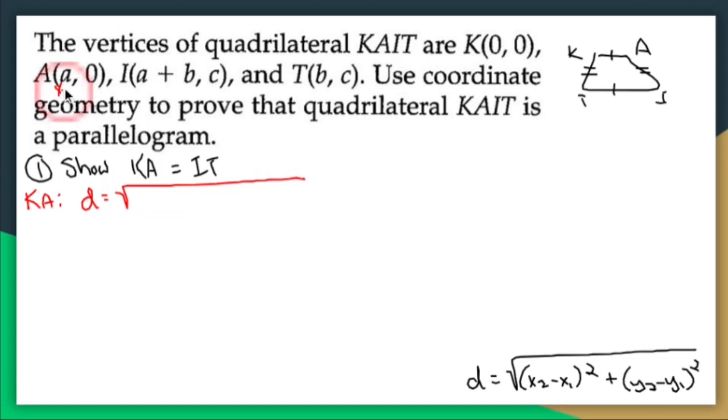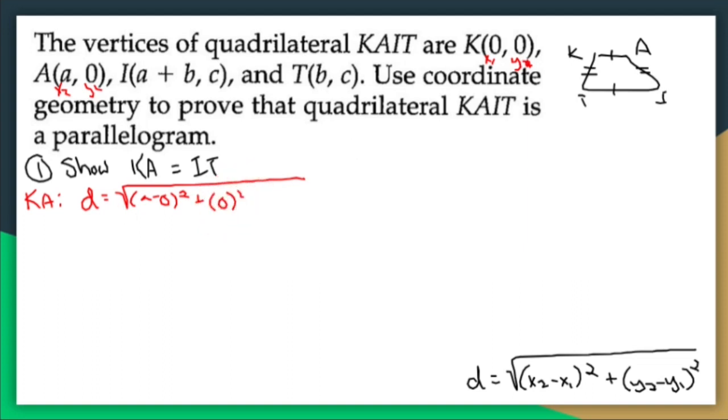I'll write that out just once, and then I probably won't write it out again because otherwise it'll get sloppy. X sub 2 minus x sub 1 is going to be a minus 0, squared, plus 0 minus 0, which is 0, squared.